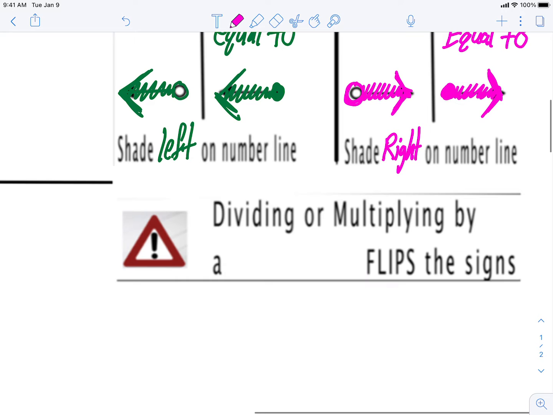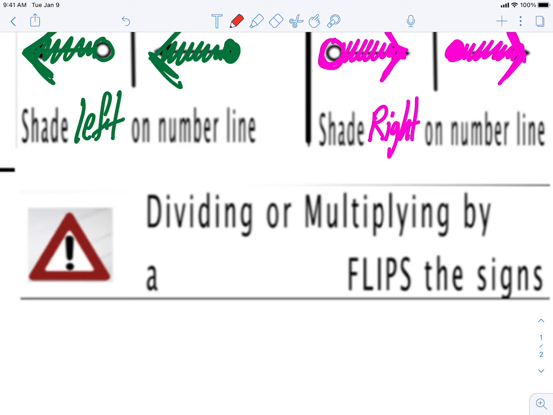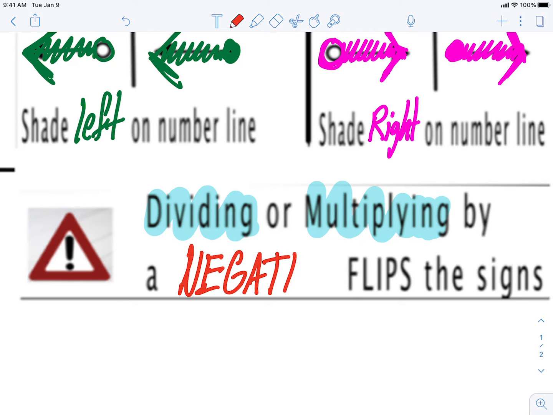Yes, okay. And we remember that when we divide or multiply by a negative, right? When we divide or multiply by a negative, flip the sign. Flip, not flips. Oh, flips. Dividing by or multiplying by a negative flips the sign, right?